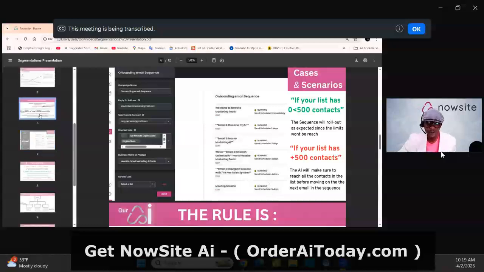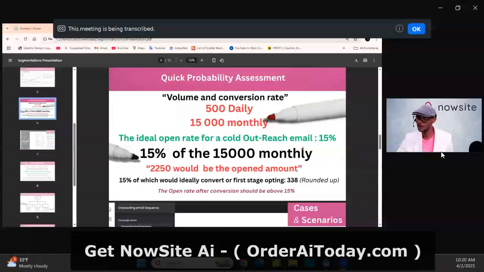Why? Simply put, when we're looking at numbers and percentages, everything that we do in volume we expect maximum return, but maximum return is never 100%. If I send out 500 emails, I don't expect 500 people to start coming back to me. This is what I would expect in a retention list. Why?